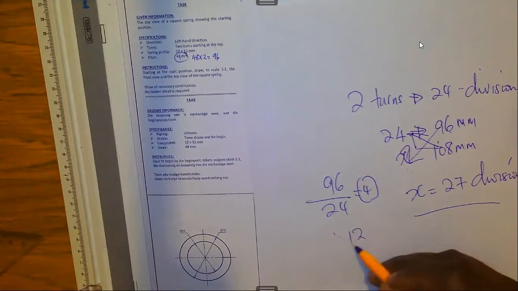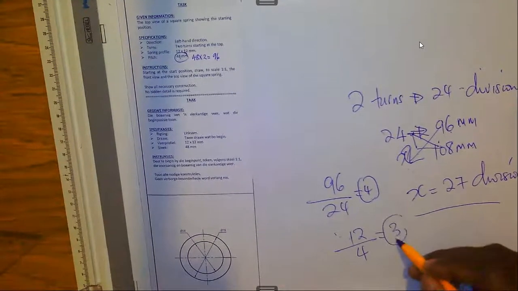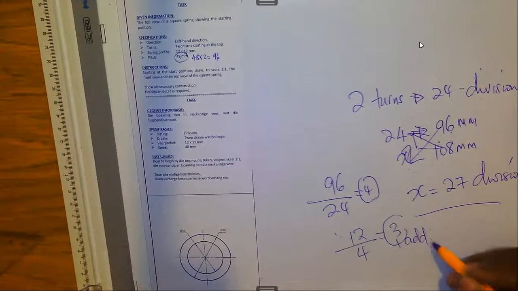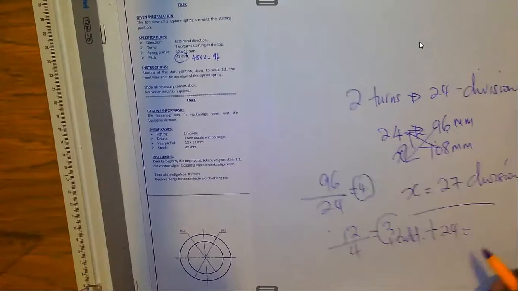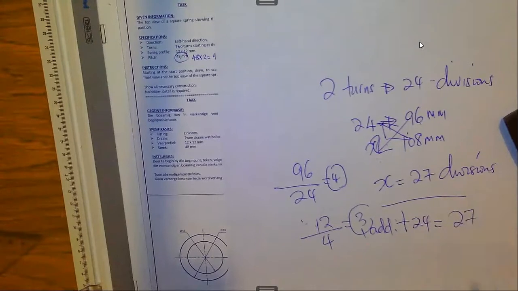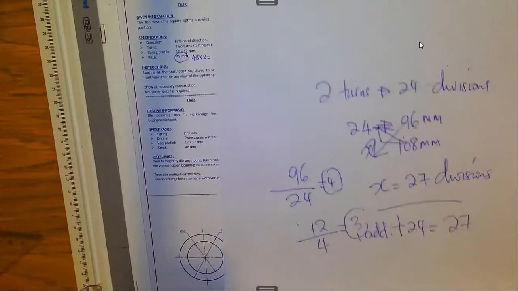So you say 12 divided by 4, which would give you 3 additional. These are additional, plus the 24 that you already have. The answer would still give you 27 divisions, okay? So there are 2 ways to look at it in terms of the total number of divisions.